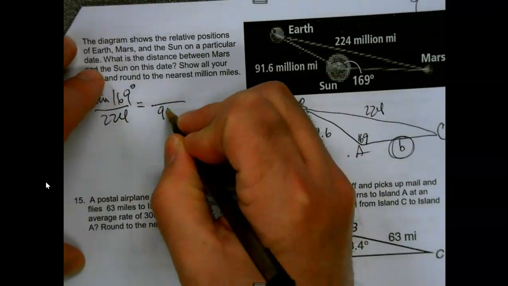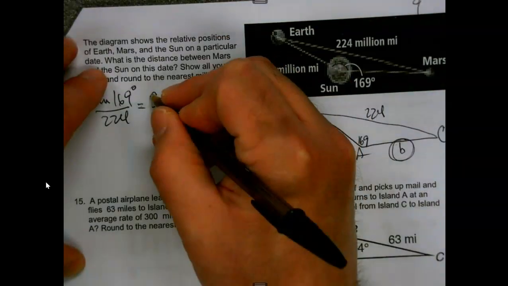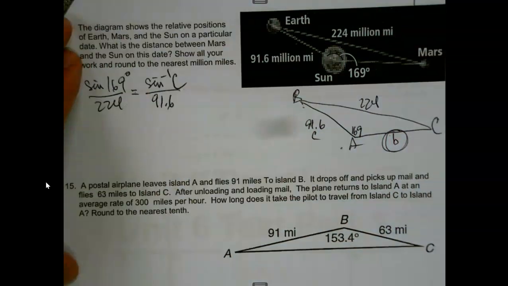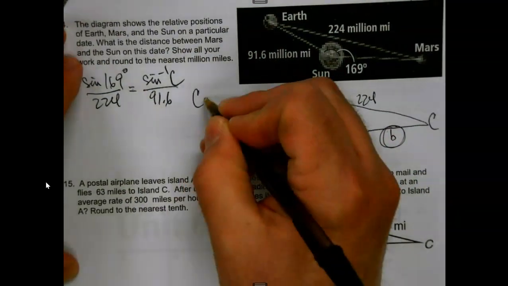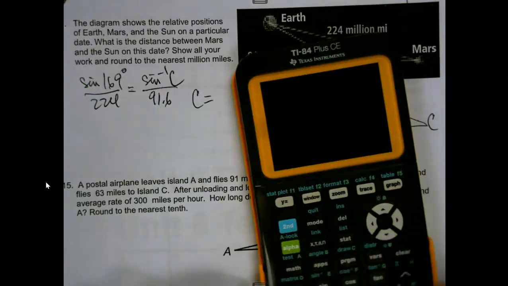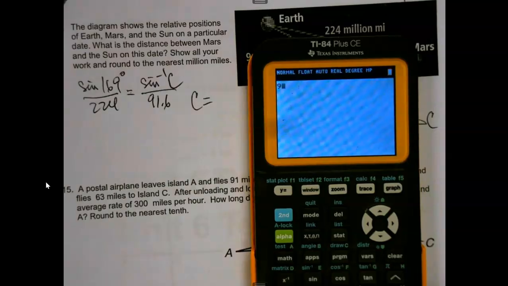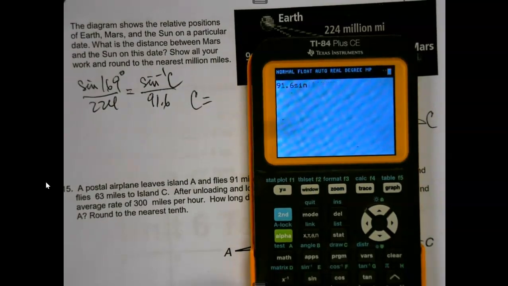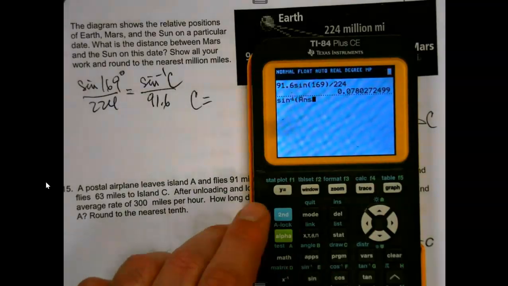Now, could you do this with M and E and S? You certainly could. There is nothing wrong with doing that. Just know that I like kind of working it in that same format. So let's see what C is going to be here. Mars, you're going to be, let me get out of there, 91.6 sine of 169 divided by 224, second sine.